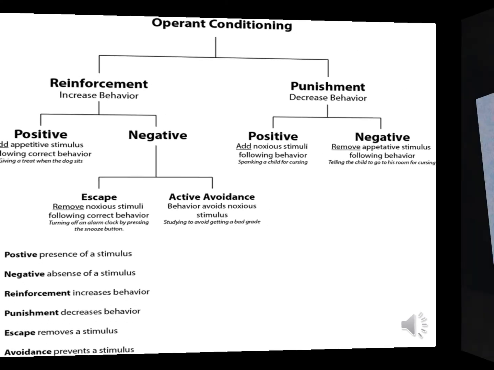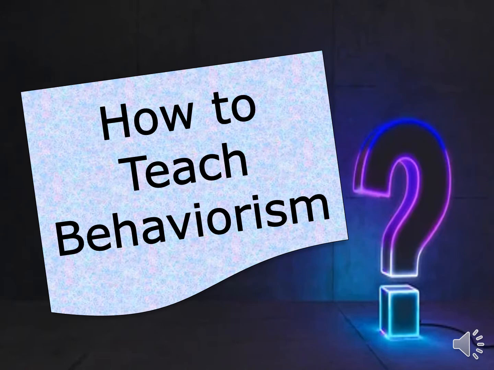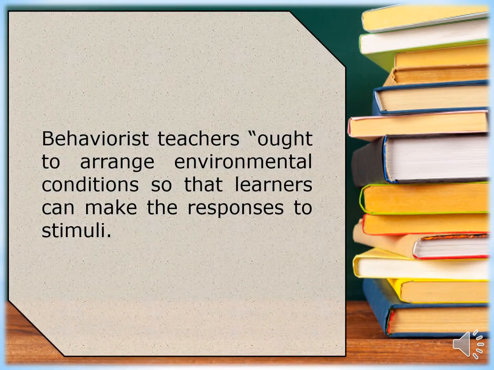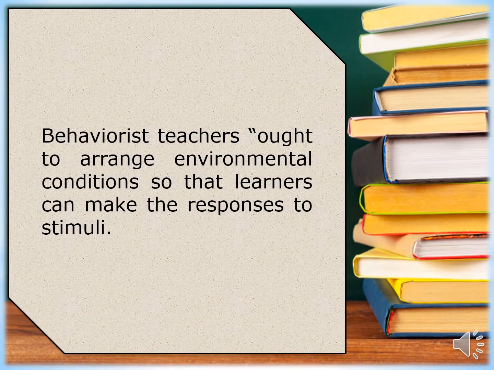Okay, next, how to teach behaviorism. A behaviorist teacher ought to arrange environmental conditioning so that the learners can make responses to stimuli. As we all know, all teachers start a lesson with routines, and it is also a primary example of conditioning.